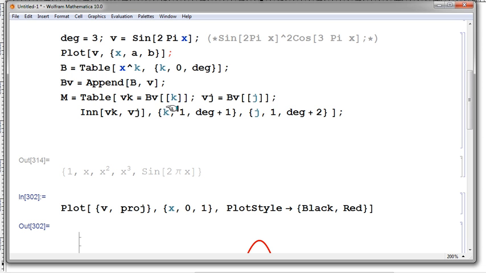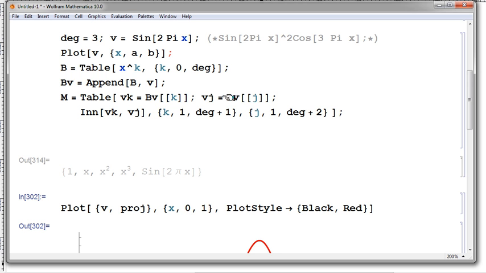BV is this extended basis, this is the kth element in there, and this is the jth element. k runs through the rows, and k is also the number of basis elements in h, so that's 1 through degree plus 1. The degree is not really the number of basis elements, it's plus 1 because of the 1 in there. And j includes this v, so I have to put 1 more. What we're entering is the inner product of vk and vj.